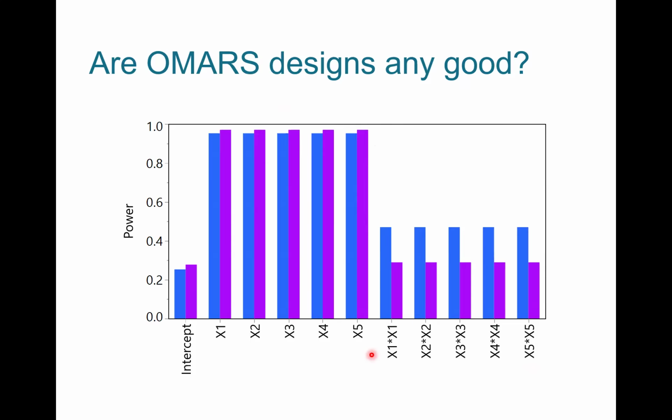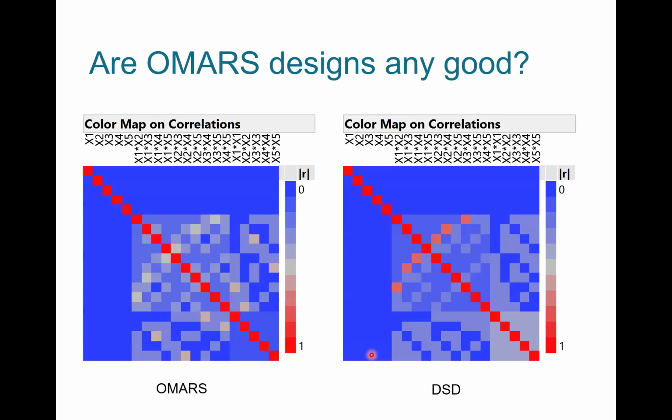I could make a similar picture for the interaction effects, but I did not include that particular picture in the slides. What I did include in the slides are the color maps for the OMARS design in our paper on the left, and the definitive screening design, which we extracted from the JMP software. You can see that in the color map for the definitive screening design, we have quite a bit of dark pink, which we don't like.